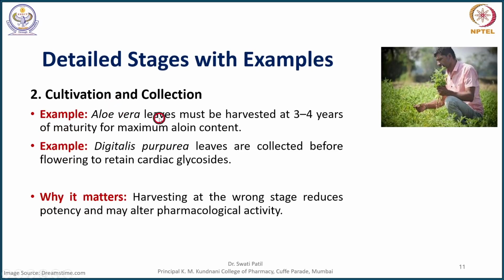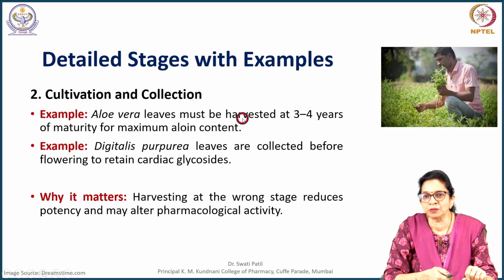Aloe vera leaves, when they are cultivated, must be harvested at 3 to 4 years. This is an example of processing during cultivation and collection. For maximum glycoside content, these leaves should be harvested at 3 to 4 years. Digitalis purpurea, which is a cardiotonic, has leaves collected before flowering to retain the cardiac glycosides.